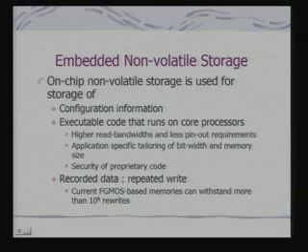So what is being compared here is your program running on an external memory block vis-a-vis the program being stored in an on-chip flash or any other form of non-volatile memory. So you can have higher read bandwidths, okay, and your pinout requirement goes low. You can have application specific tailoring of bit width and memory size, because you don't need to have it compatible with available chips, flash chips and their configurations.